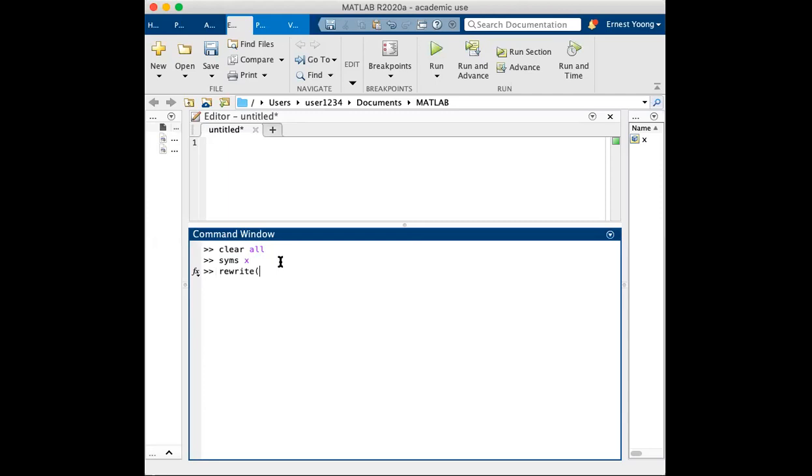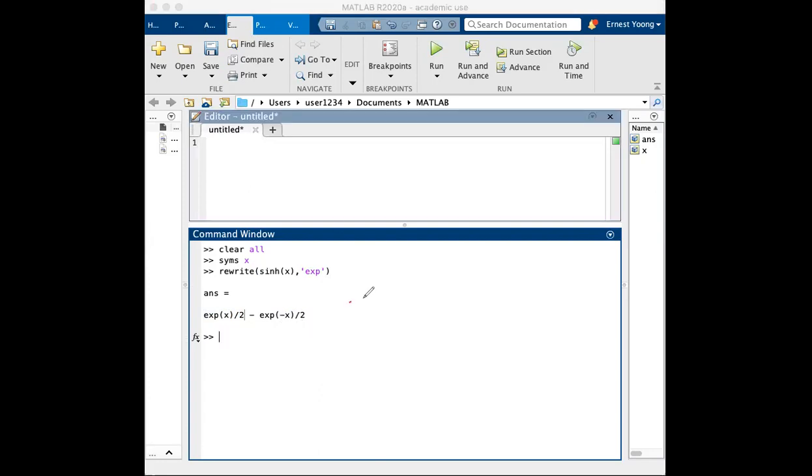Rewrite sinh x, comma, and the thing I want to write it in terms of is exponential.